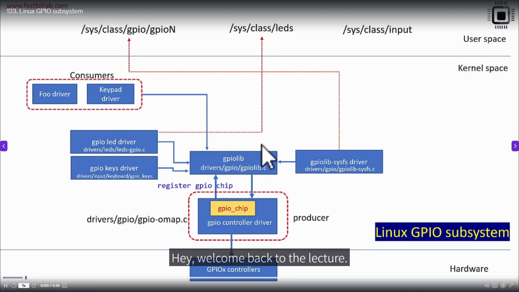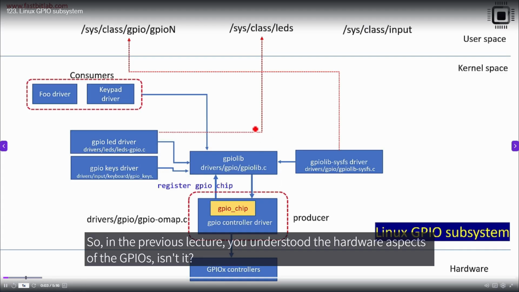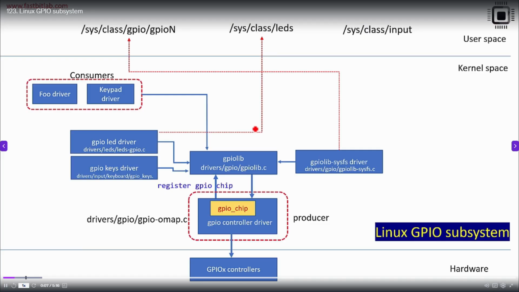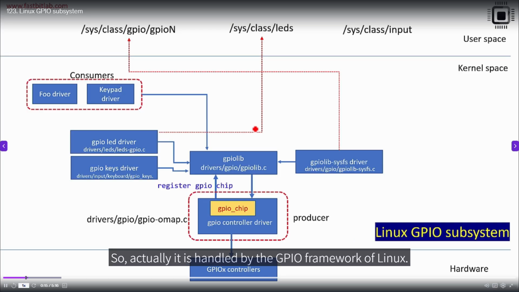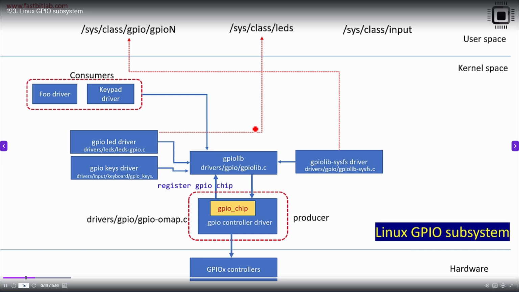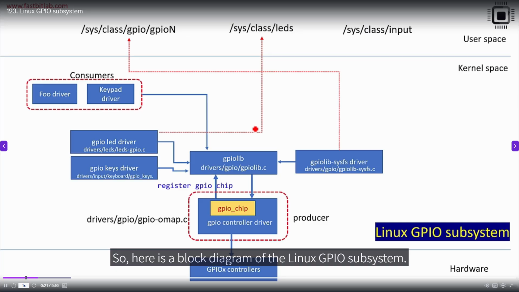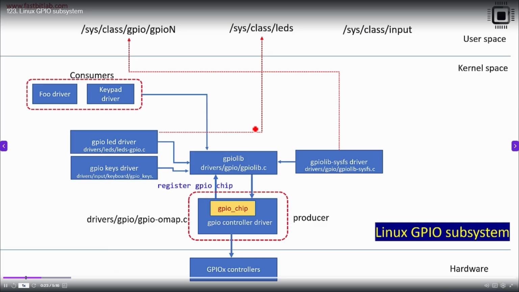Hey, welcome back to the lecture. In the previous lecture, you understood the hardware aspects of the GPIOs, isn't it? Now in this lecture, let's see how Linux handles those hardware GPIOs. It is handled by the GPIO framework of Linux. Here is a block diagram of the Linux GPIO subsystem.